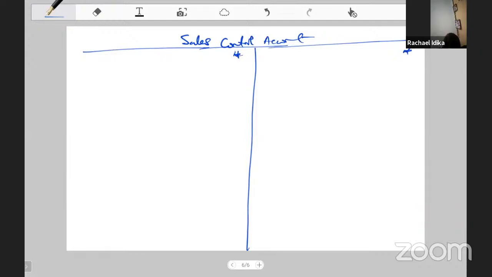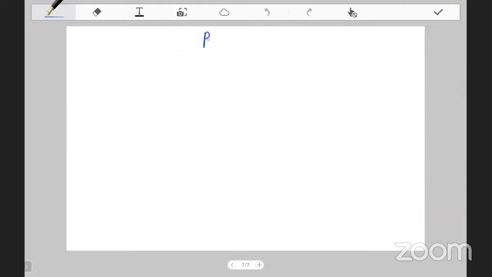Then what's the second one that we are considering? Purchase control account.